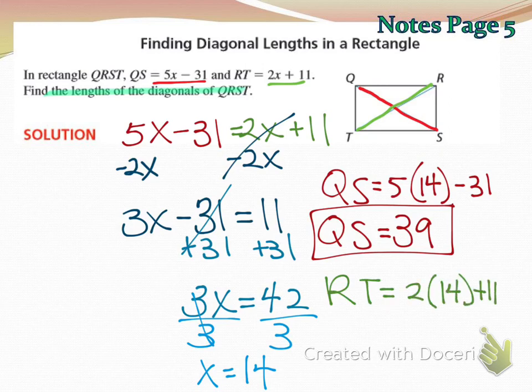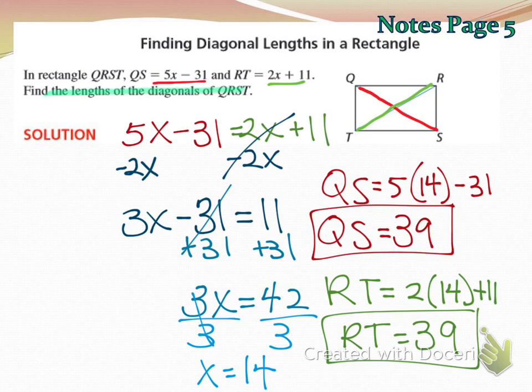But either way, 2 times 14 is 28, plus 11 is still 39. They should be equal because we said they're equal, right? They're congruent to each other. If you made a math error and you got the wrong x, plugging it into both would tell you that you got the wrong x. I would recommend you plug it into both, but you do not have to, but you do need to label both of them. That's what I asked for.